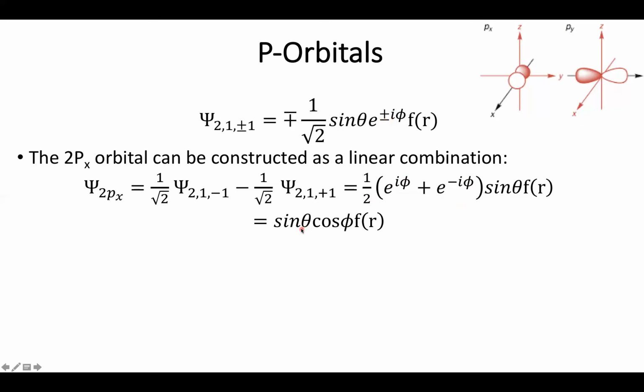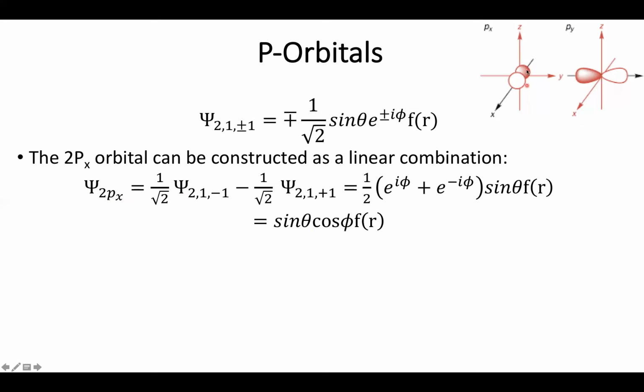So I now have a new wave function that's still a 2p orbital because it still has the 2p radial wave function, but its angular motion now has a sine theta.